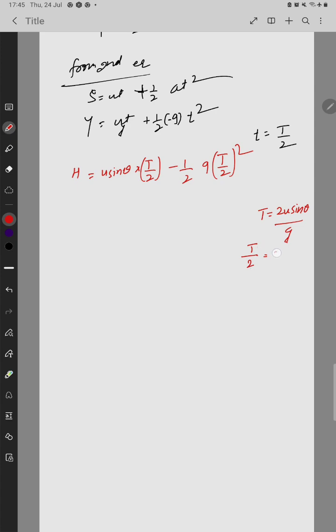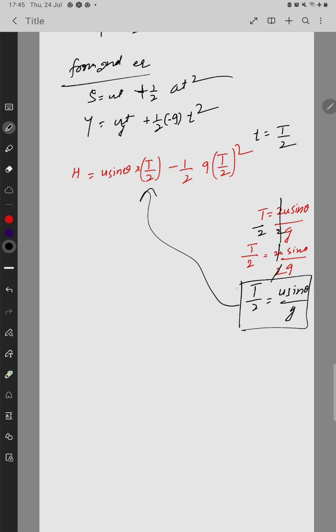So 2u sin theta by g, and that will be halved. This 2 and this 2 will cancel out, because we are dividing by 2. So T by 2 is equal to u sin theta by g. Now this value we are plugging in here.